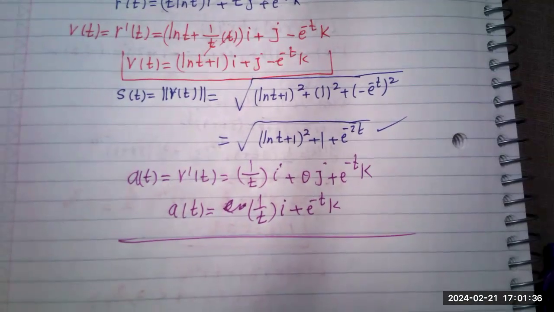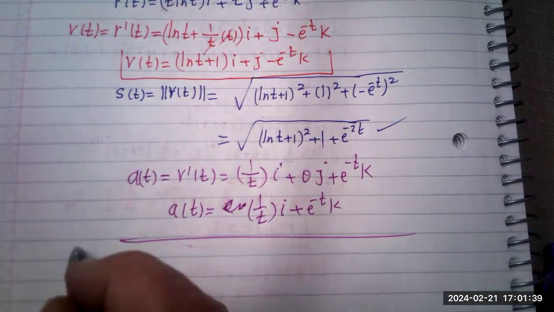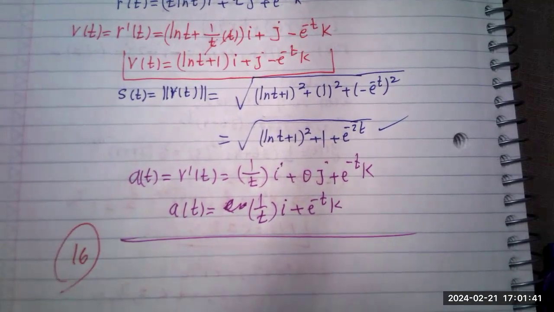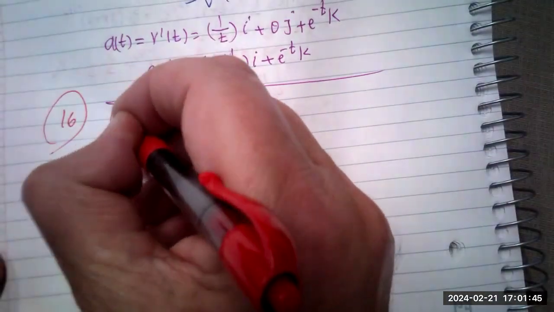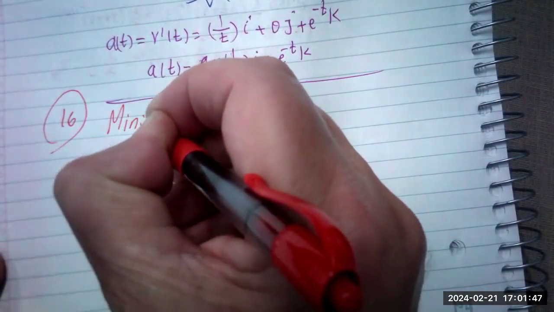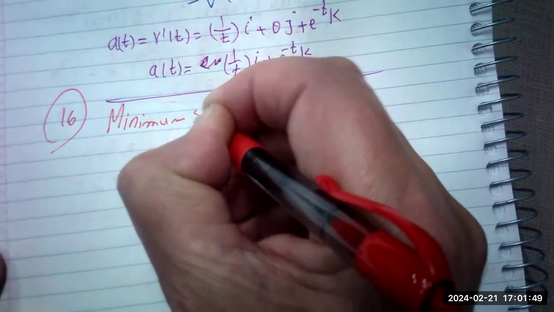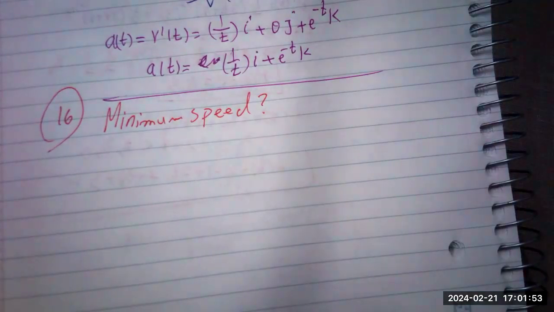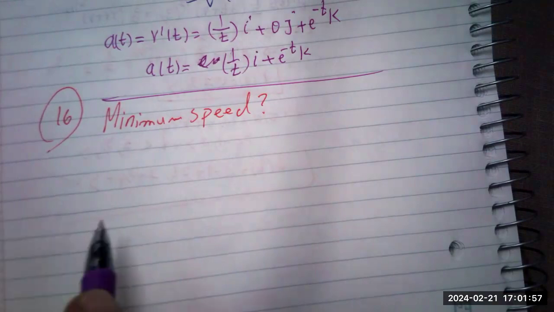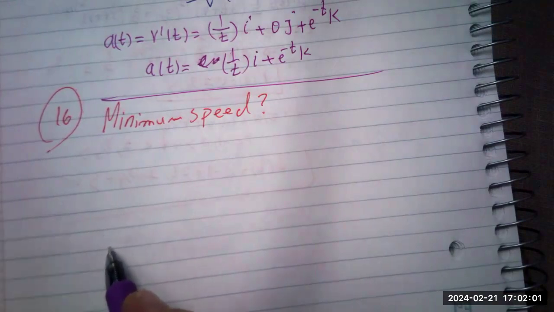This is the way they usually ask. So it's number 16. We want to find the minimum speed. This is it. There's algebra involved that you want to make sure you know how to follow.